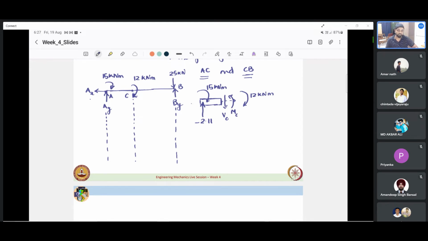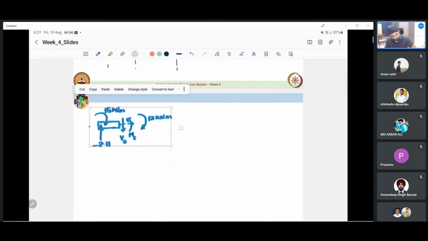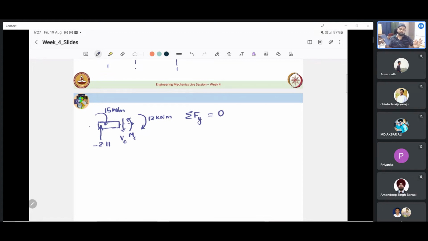Similarly, as we did for the reactions, we just need to apply the equilibrium conditions again. So I'll just copy this once and paste it here. Okay, so summation of Fx of this free body equals 0, because if the total system is in equilibrium, even a part of it will be in equilibrium.